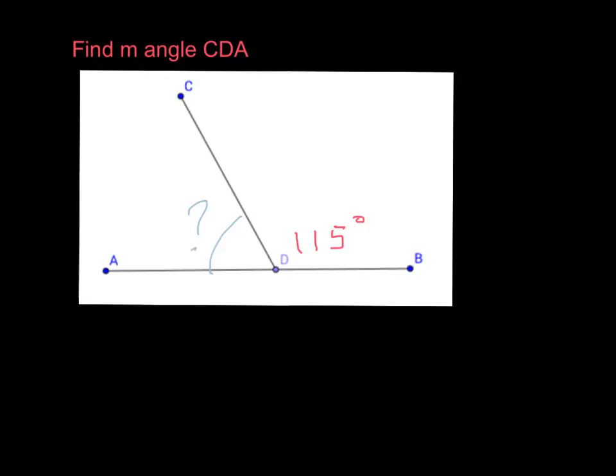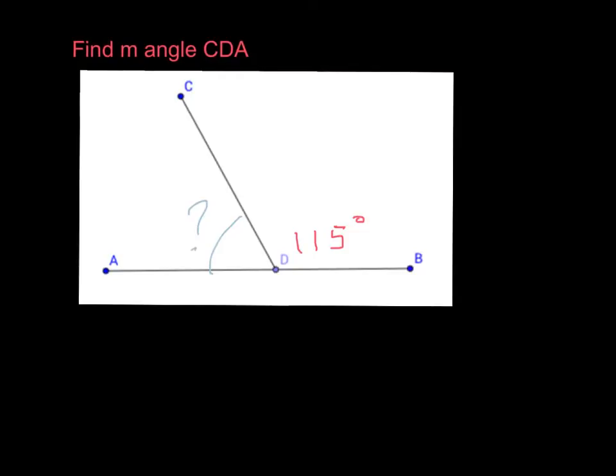So here we have a diagram of a linear pair of angles, which are also supplementary angles. Angle CDB is equal to 115 degrees, and I'm charging you with finding the measure of angle CDA.